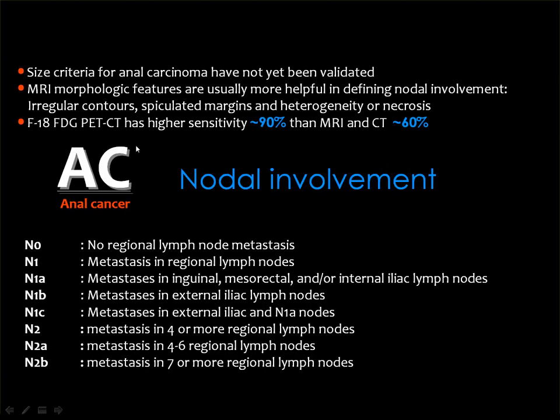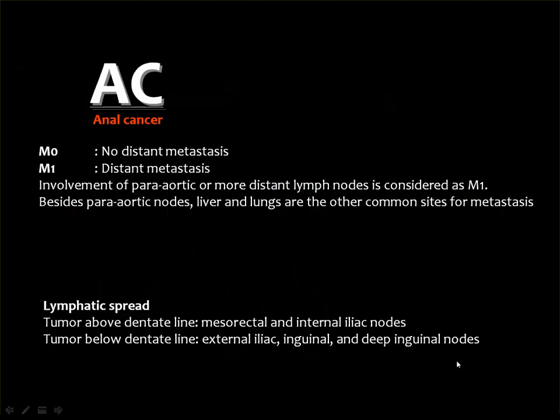According to the literature, the PET-CT may have a greater sensitivity than MRI and CT in detection of pathologic nodes. And these are the staging of nodal involvement in the cases of anal cancer.